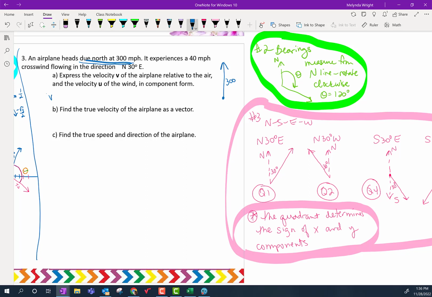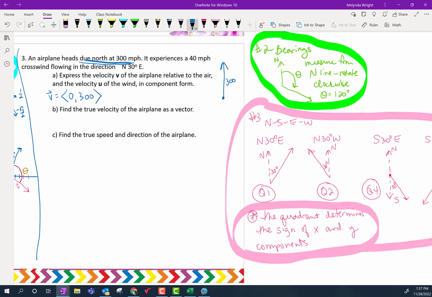So vector v in component form would be, am I going x, anywhere x left or right? Nope, so x is 0, and y happens to be up, so it's positive. Easy, easy. There's my component form of the airplane. And they're saying the airplane is V. Okay, so is everybody okay with the airplane one?